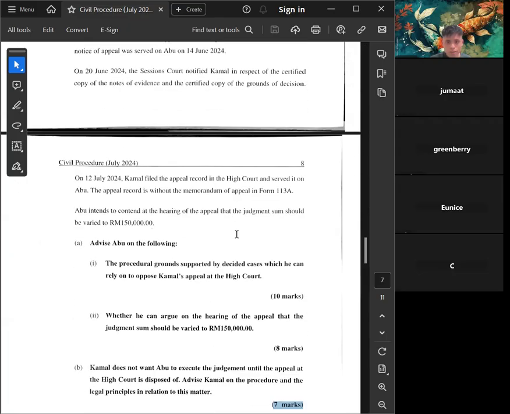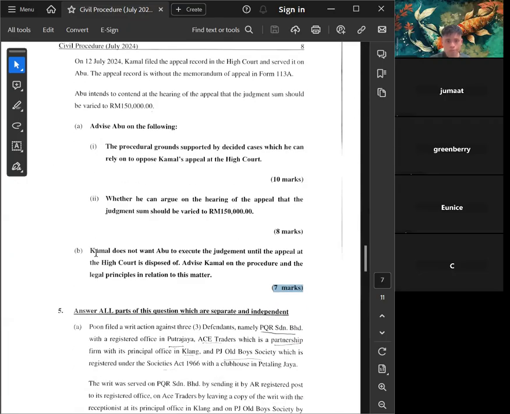Okay, since this question, you see, the keyword is here. He does not want someone to execute the judgment until the appeal is disposed. Stay of execution, correct, but this is allocated 7 marks, so this is how I'm going to structure it. First, you must tell the examiner what a stay of execution is.